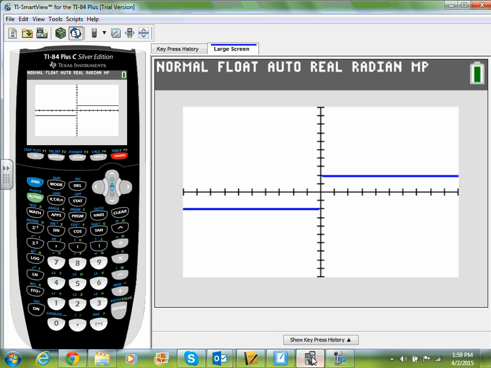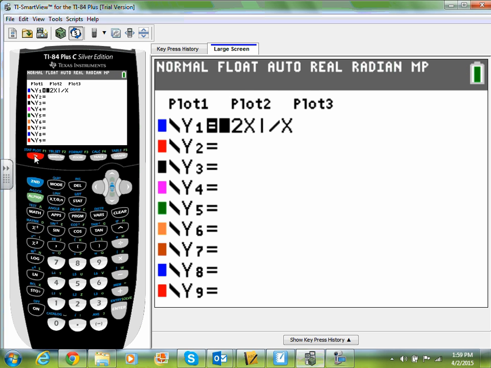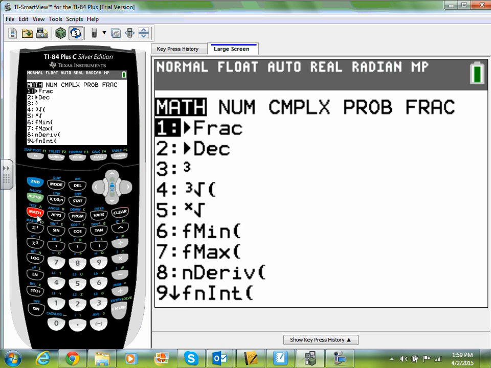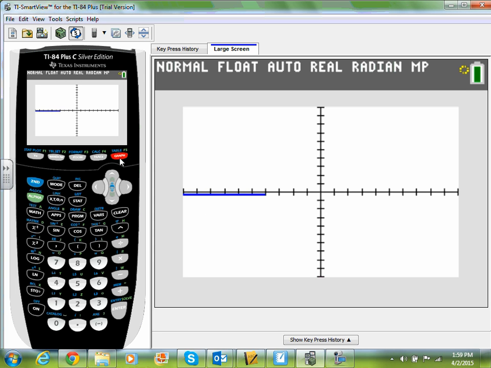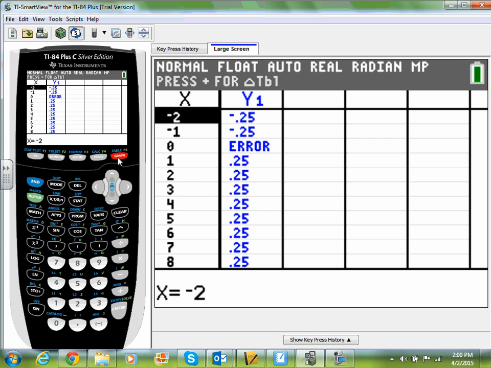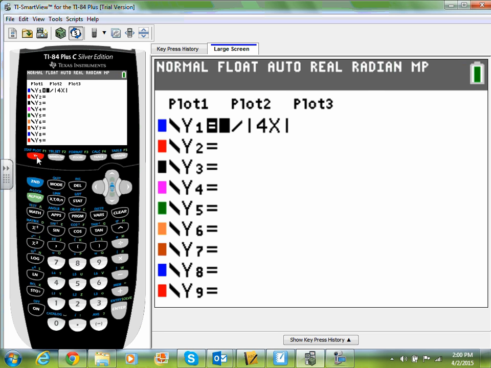Alright, so if we graph this, x divided by the absolute value of 4x, and I get kind of a graph where it's kind of hard to tell where those values are at.